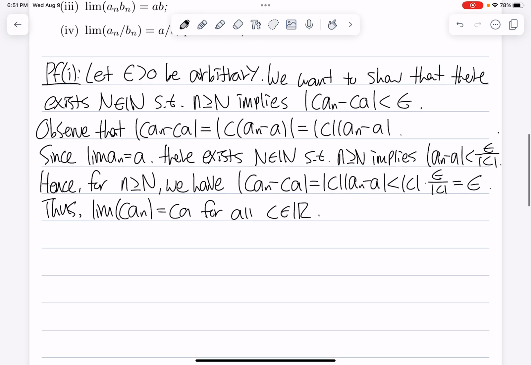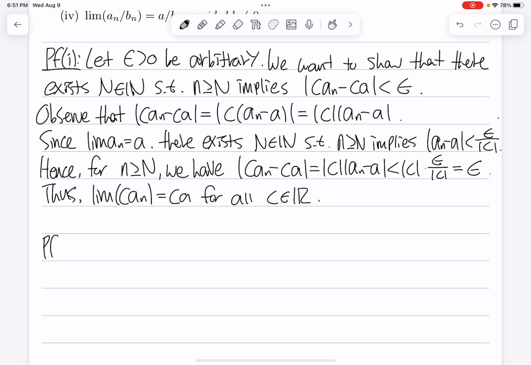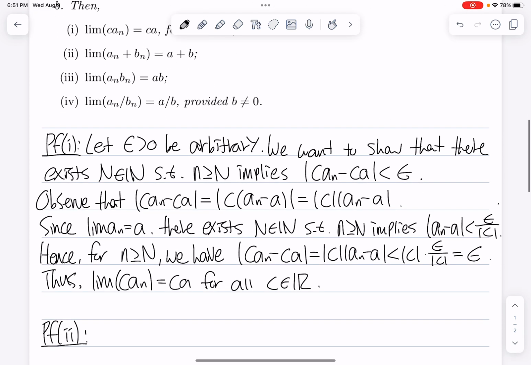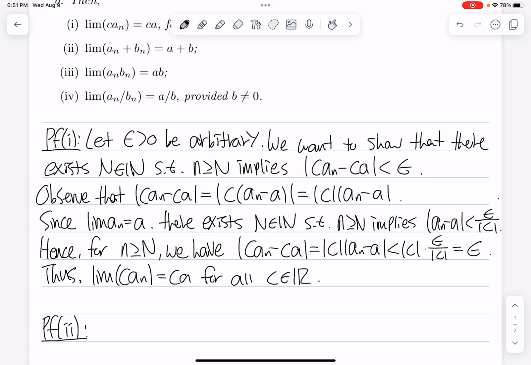All right, so that's the proof of the first one. What about the second one? Proof 2. So we want to show that the limit of adding two sequences term by term results in a sequence that converges to the addition of the two limits of the original sequences. So let epsilon greater than 0 be arbitrary.